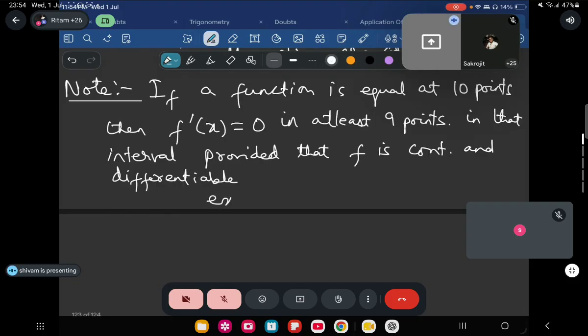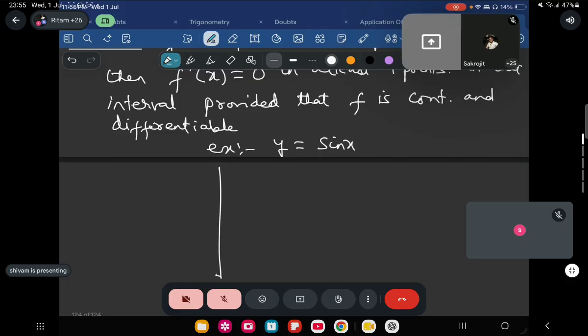For example, let us talk about y equal to sin x. y equal to sin x is equal to 0.